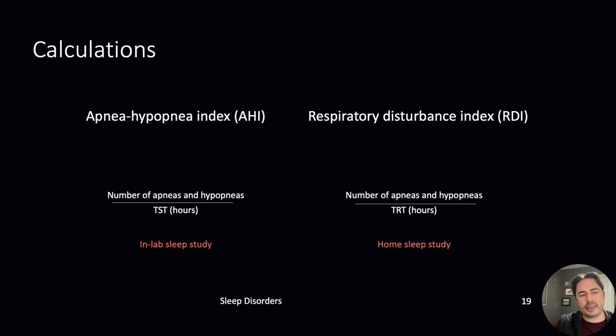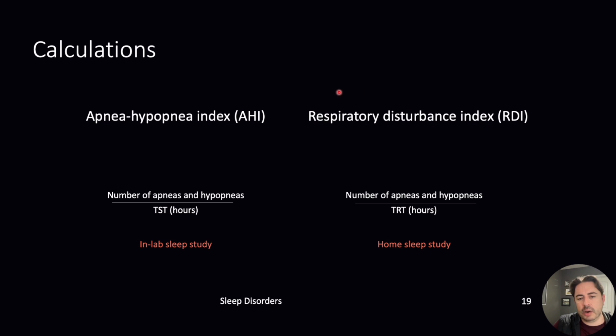But when we look at these calculations, it's giving us a little bit different insight as to what's going on with our patients. So we have two different calculations that we can use in lab versus in home. So here we see that the AHI is associated with in lab and the RDI is associated with the home study. And when we look at the AHI, we're looking at the apnea-hypopnea index.